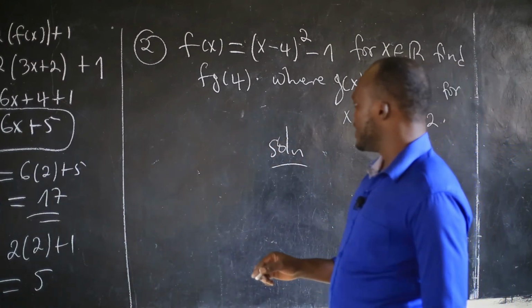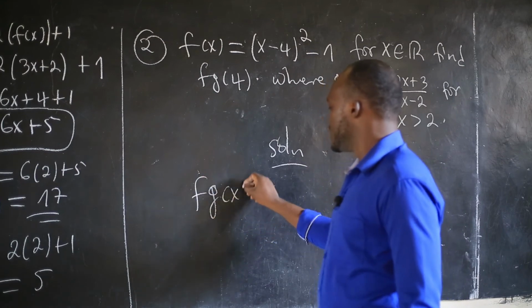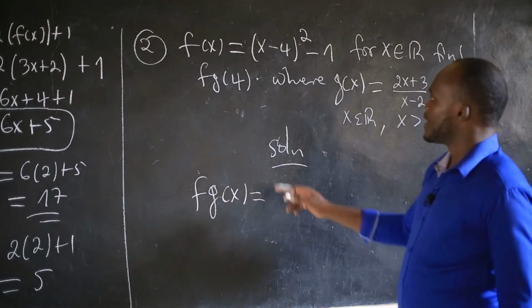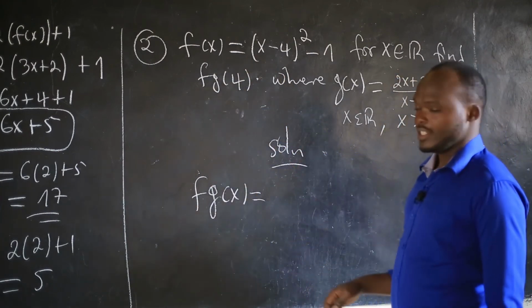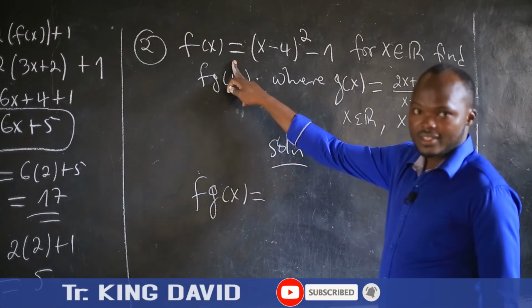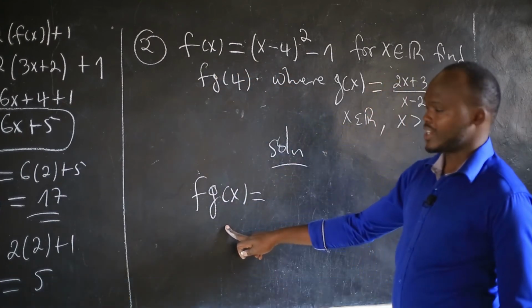Before we find fg of 4, let's first find fg of x. What is fg of x? So I just go where I have f of x. Where there is x, I put there g of x.